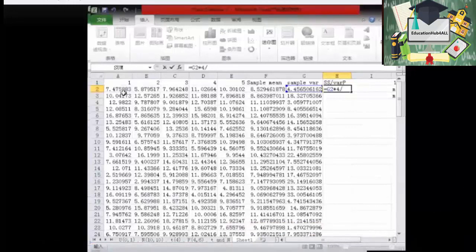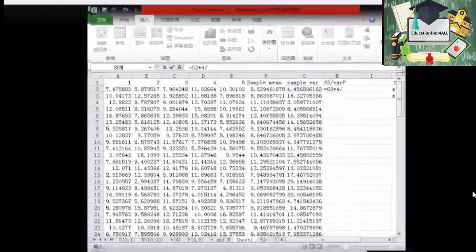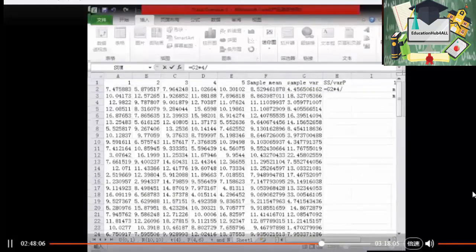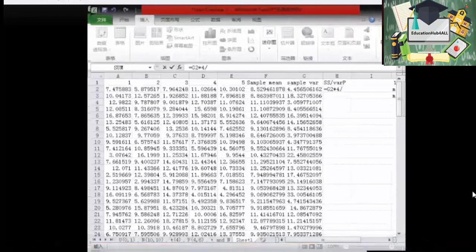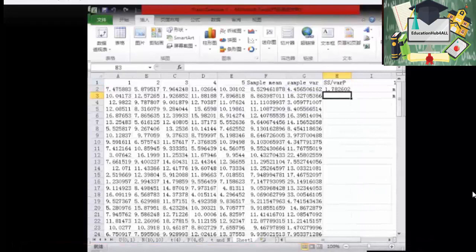What's the variance of the population we simulated? It's 10, right? So dividing by 10 actually gives us this value.